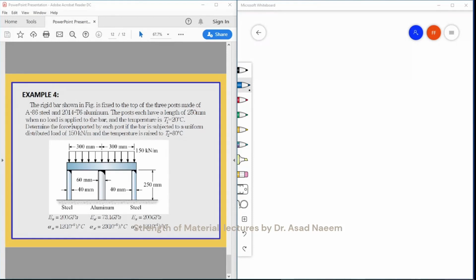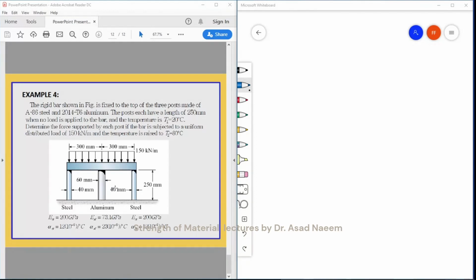Okay, the temperature T1 is 20 degrees centigrade. Determine the force supported by each post if the bar is subjected to the uniform distributed load of 150 kilonewton and temperature is raised to T2 equal to 80 degrees centigrade. So I mean, this is steel, this is aluminium, and this is steel.